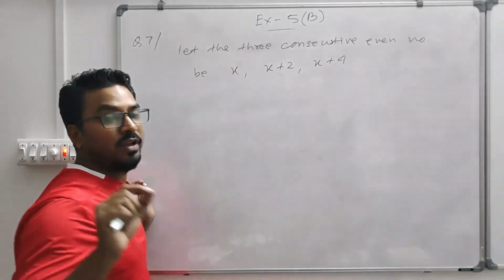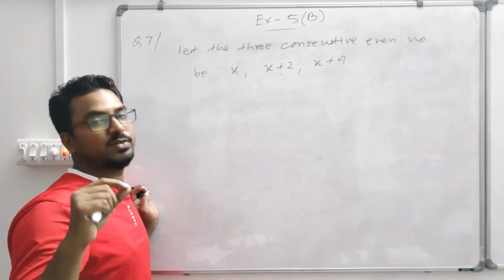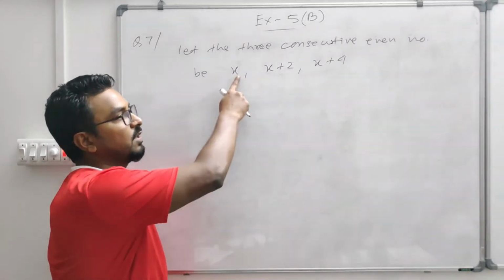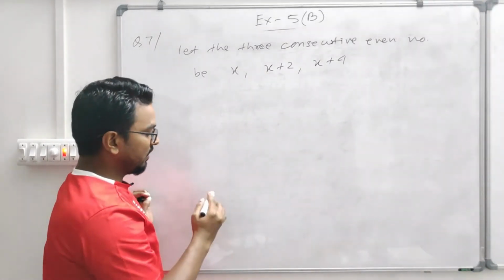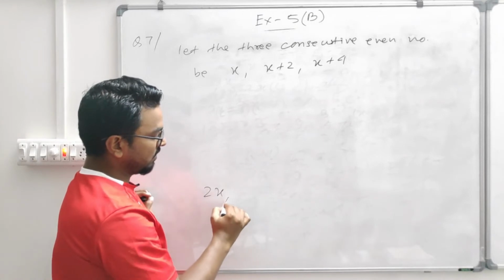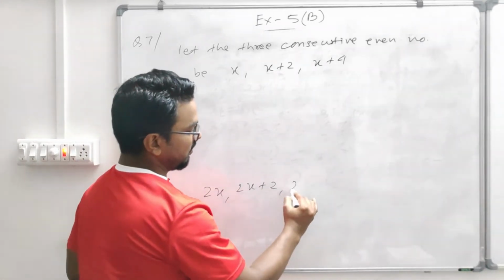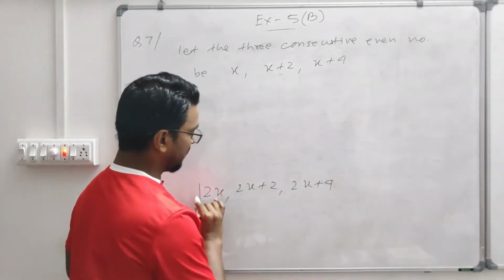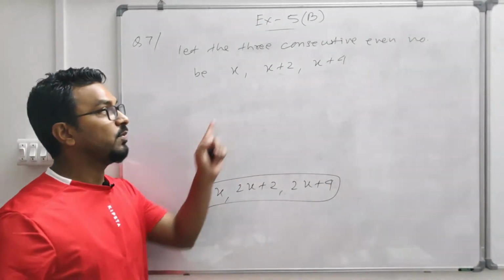I told you whenever it is even or odd, you have to increase by 2. If you take the first term as x, you can also take it like this: 2x, 2x plus 2, 2x plus 4. In this case also you will get the same value. So we'll be using this one.